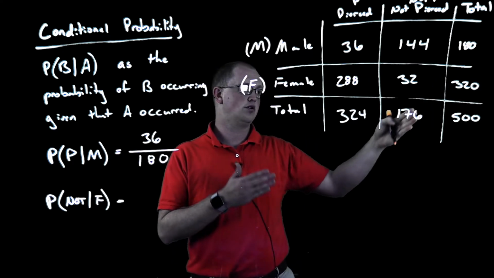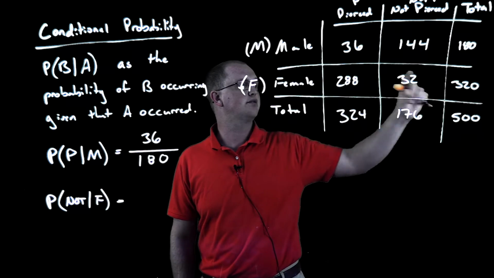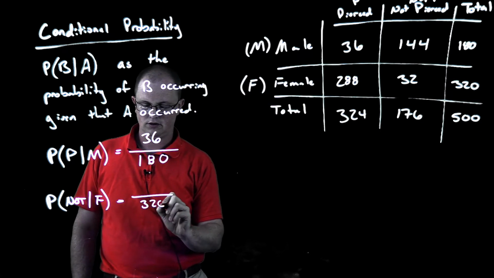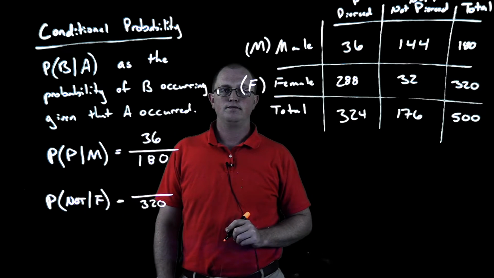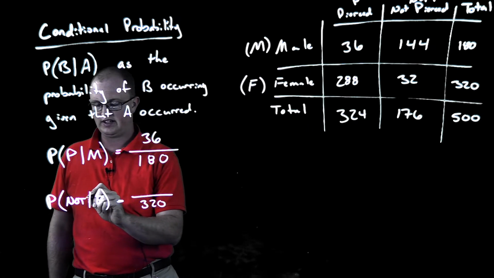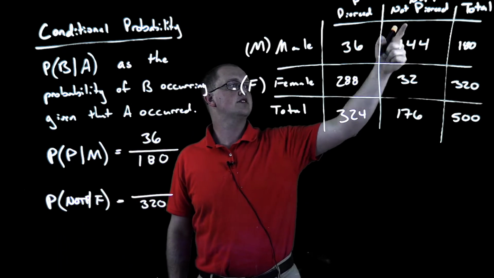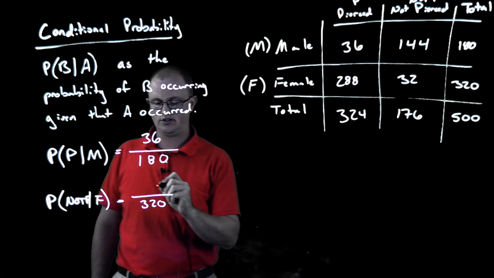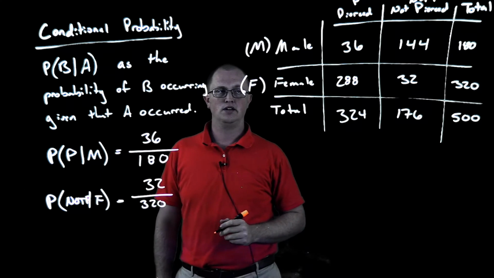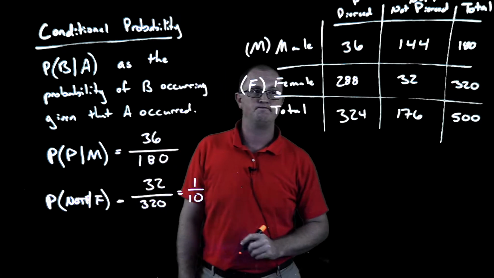And so instead of the total 500 respondents for this set of data, we're interested in only the 320 who identified as female. And out of those 320, we want to ask how many of them said that they did not have pierced ears. And so of those that said they did not have pierced ears, that was 32. So our probability is 32 out of 320, or 1 in 10.